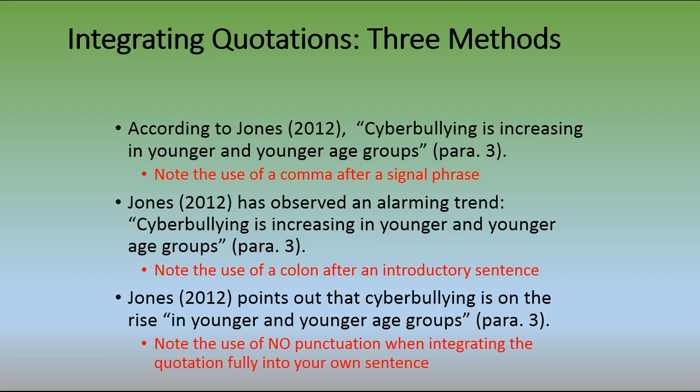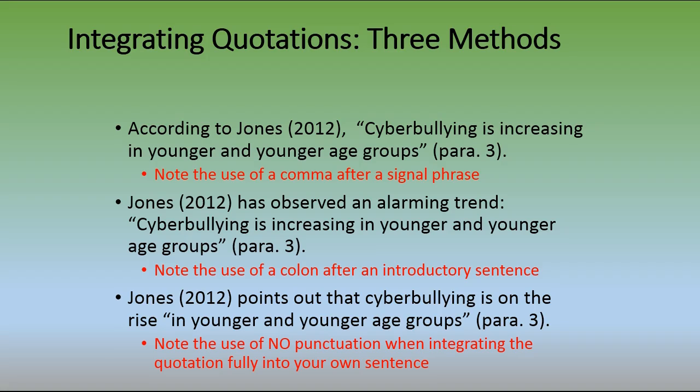Then there's the use of a colon, and that sets up the beginning of the quotation. And as with the first example, the in-text citation is split into two, the year and then separately the paragraph number.